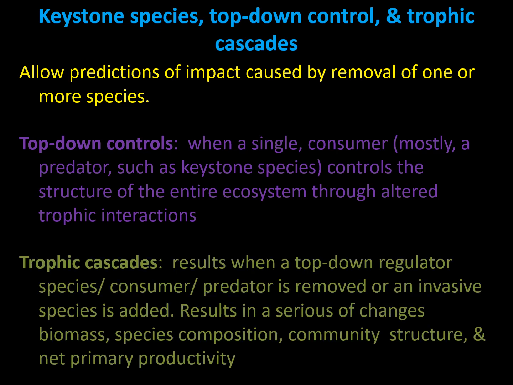Trophic cascades is a very related incidence. By definition, a trophic cascade comes about when a top-down regulator, like I just described, is removed, or a species is added that can function as a top-down regulator.